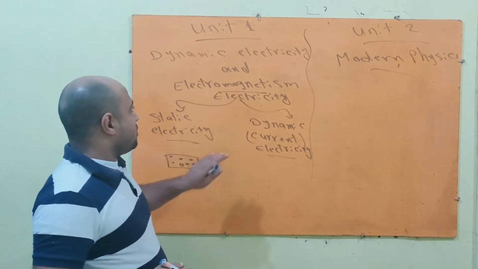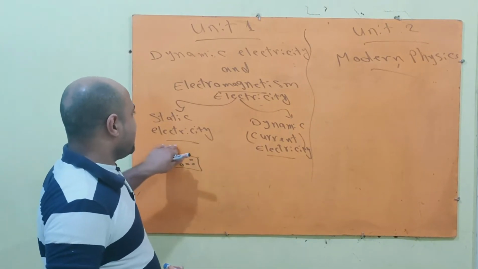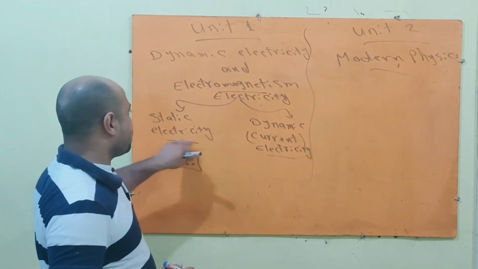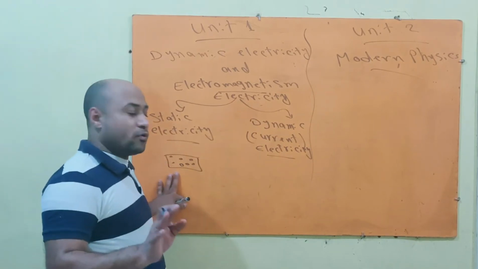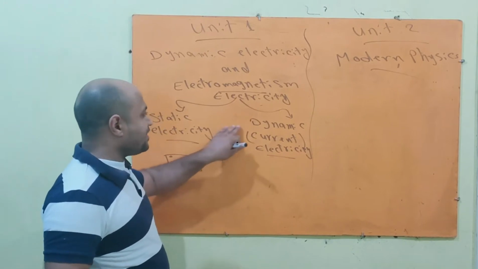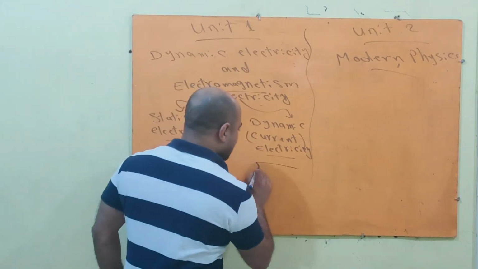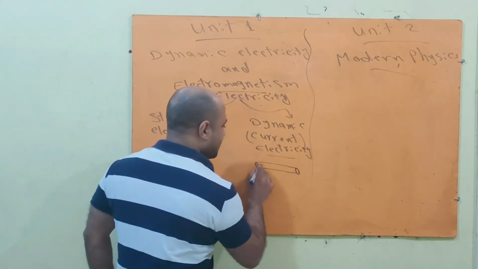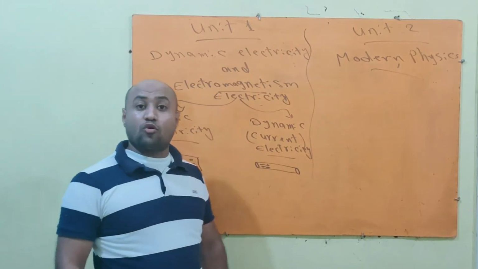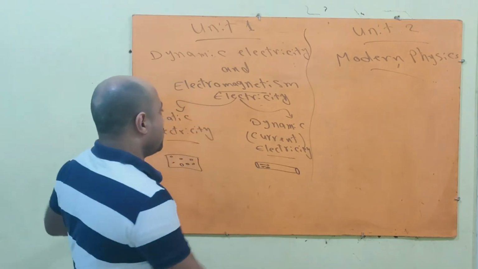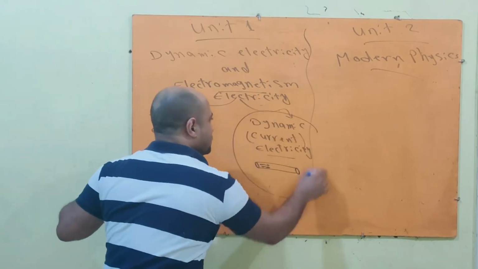So we have two types of electricity: static electricity and dynamic electricity. The difference between them: in static electricity, the electric charges remain static on the object's surface, while dynamic electricity is like the movement of electrons within conductors, inside a rod of copper, for example. So we concern ourselves with dynamic electricity.